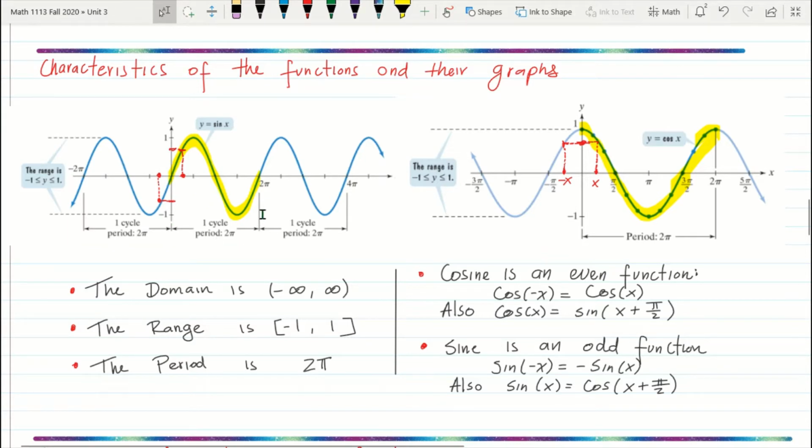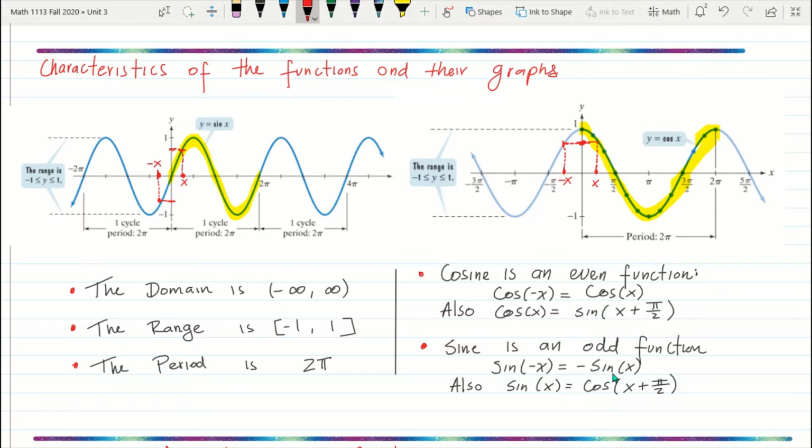Okay, also sine is an odd function. What does that mean? Well, if you plug in negative x, it is going to be the same thing as a negative times sine of the positive. I'm showing you that here, right? Here is some negative x value, and here's some positive x value.